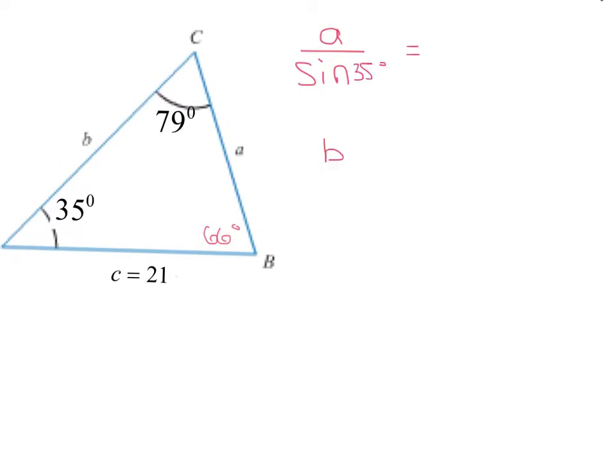And we're looking for little b over the sine of 66 degrees. And I'm going to set them both equal to the complete ratio. You could do one at a time, but I'm setting them both up at the same time. So here I'm going to set up 21 for the side, sine 79, and the same thing here.